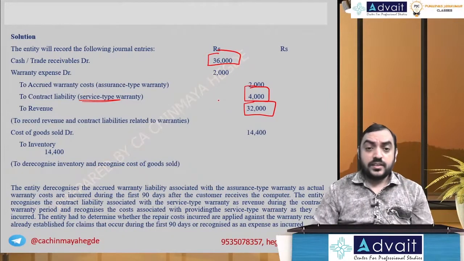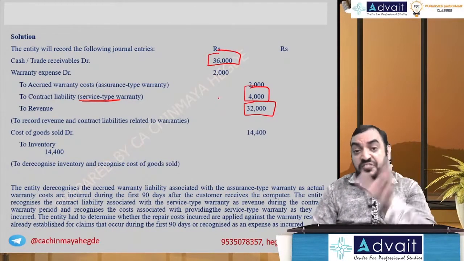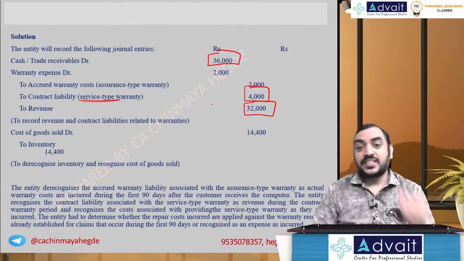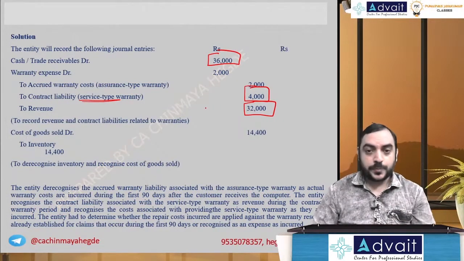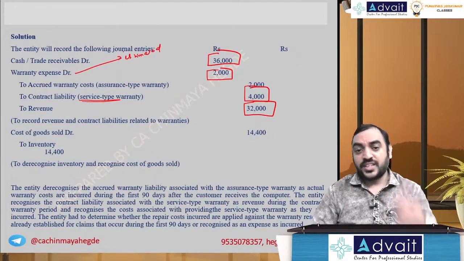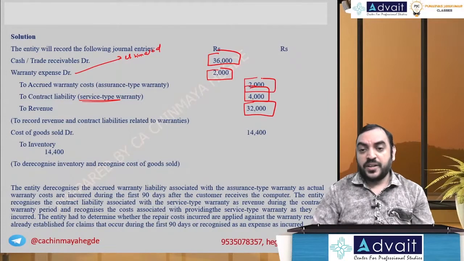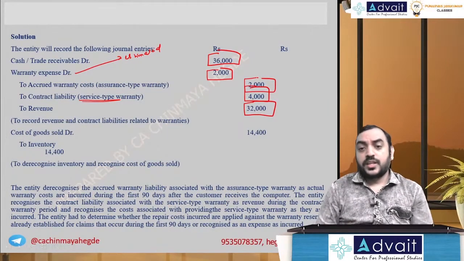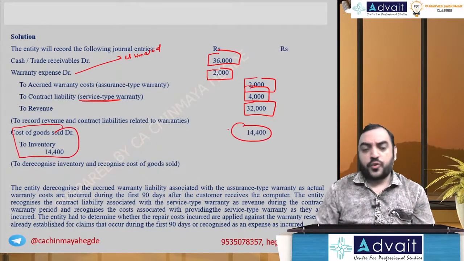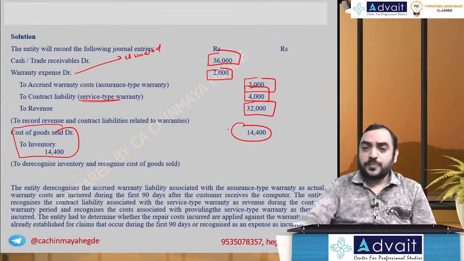Then regarding the assurance type warranty, which is default in the sale of computers, 90 days, you recognize a liability as per Ind AS 37, based on your experience. So you recognize a 2000 warranty expense now, expected. This is an estimated cost based on past experience, and you recognize a liability of 2000. Now, one more entry that I told you: cost of goods sold to inventory 14,400. Inventory de-recognized, cost of goods sold recognized.